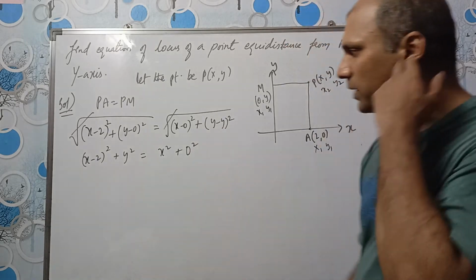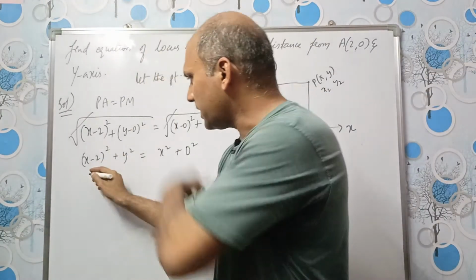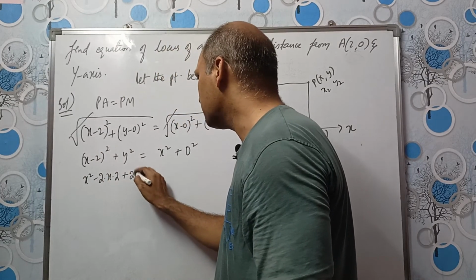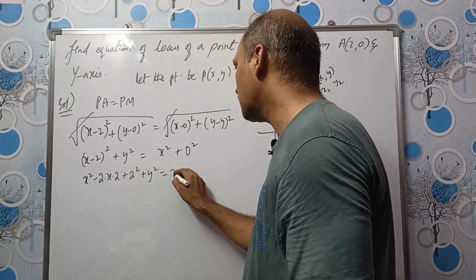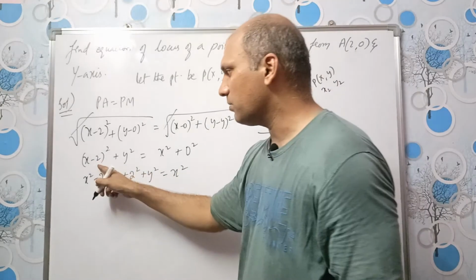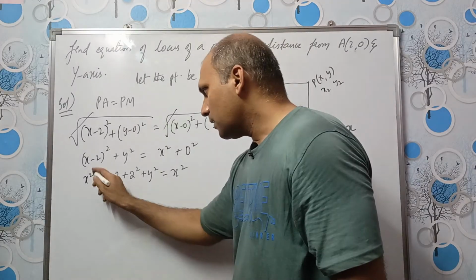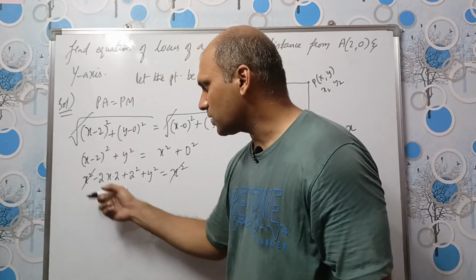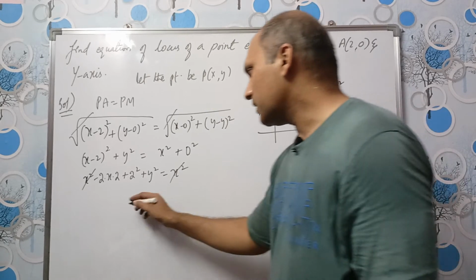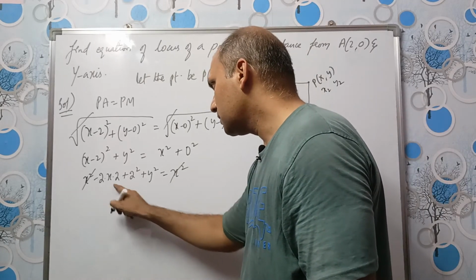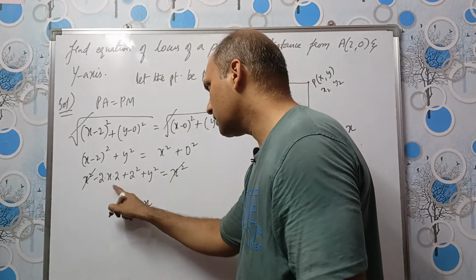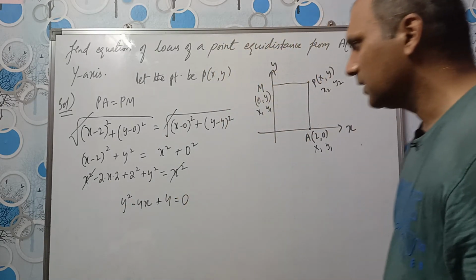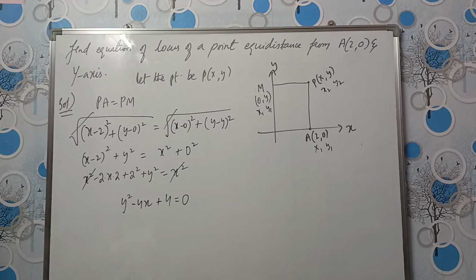Let us expand this using the a minus b whole square formula: a square minus 2ab plus b square, plus y square is equal to x square. This x square will get cancelled because it goes to that side and becomes minus, so x square minus x square will be 0. So finally we have y square minus 4x plus 4 is equal to 0. This is the equation of the locus.